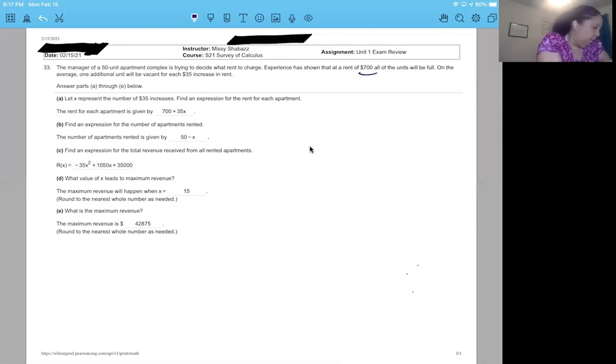Okay, so the first question, part A, let x represent the number of $35 increases. Find an expression for the rent of the apartment. So they say the rent is $700, and then for each one that is vacant, an extra $35. So that is going to give me 700 plus 35x.